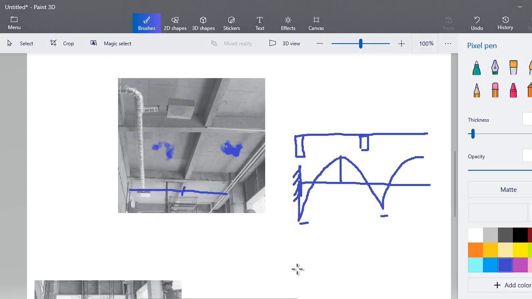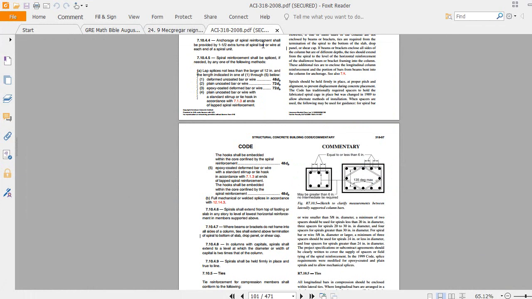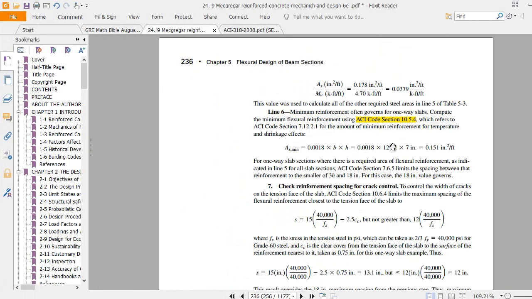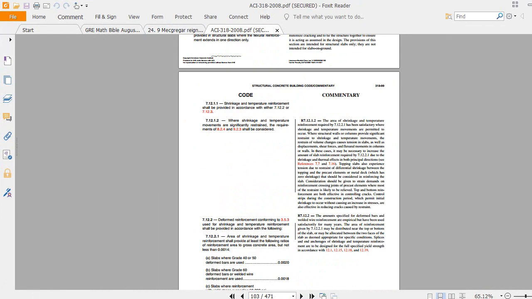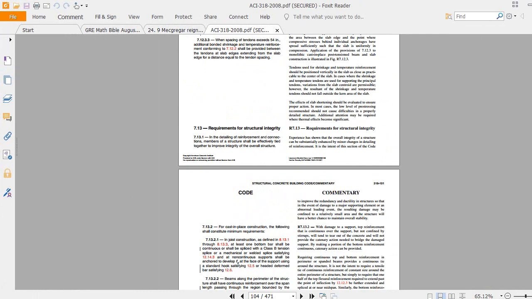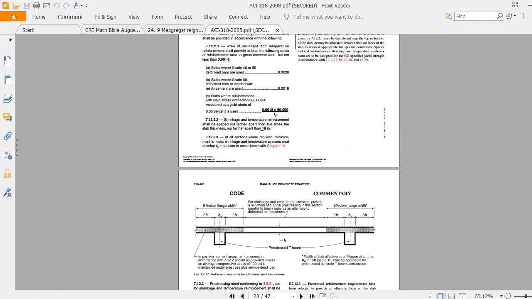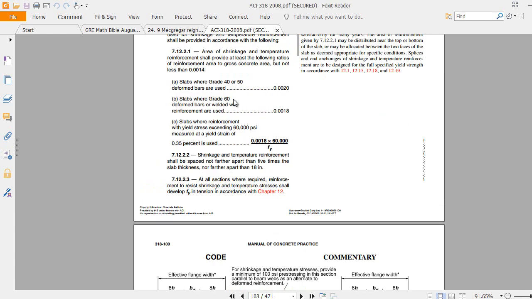Let me show you this section, ACI section 7.12. Here you see the coefficients. When we are using grade 40 and 50, we will use 0.002.